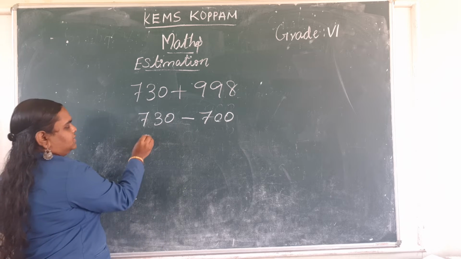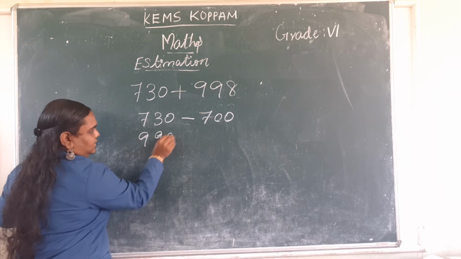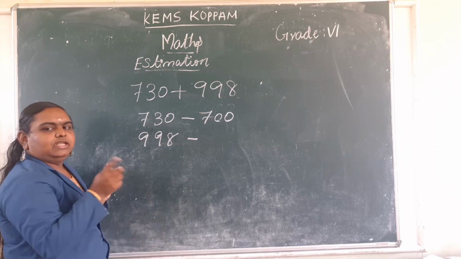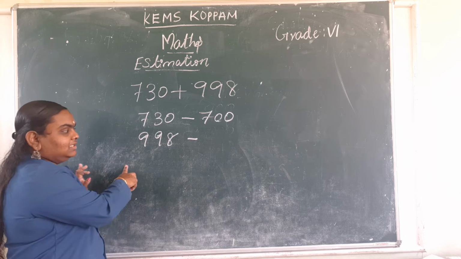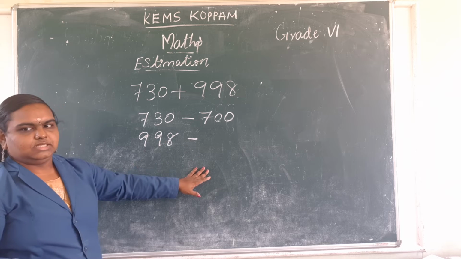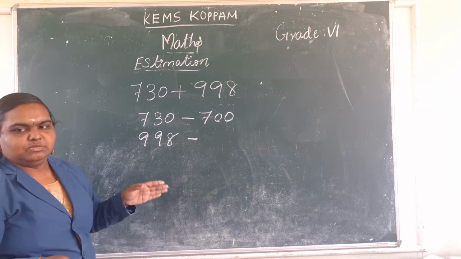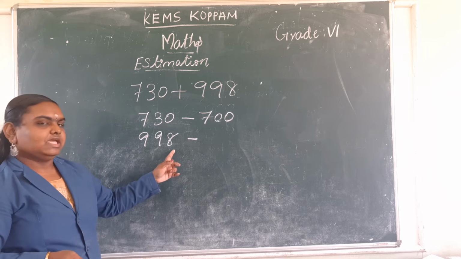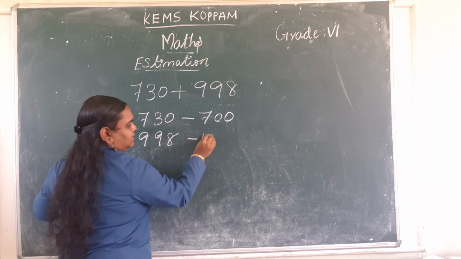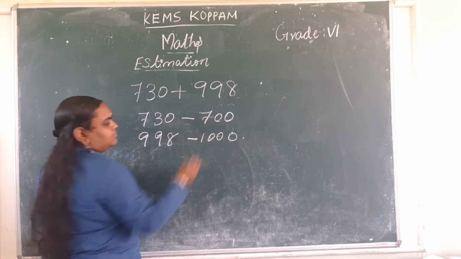Next number is 998. This is in between 900 and 1,000. 950 is the middle value, but we are having 998. So we can easily take the number 1,000.